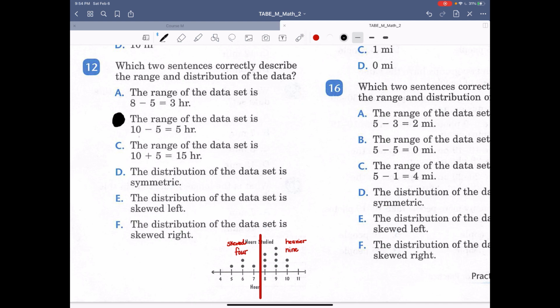Symmetric would mean that they're the same on both sides. It is E. The distribution is skewed left because it's heavier on the right. Skewed is the side that's lighter. So it is skewed to the left.